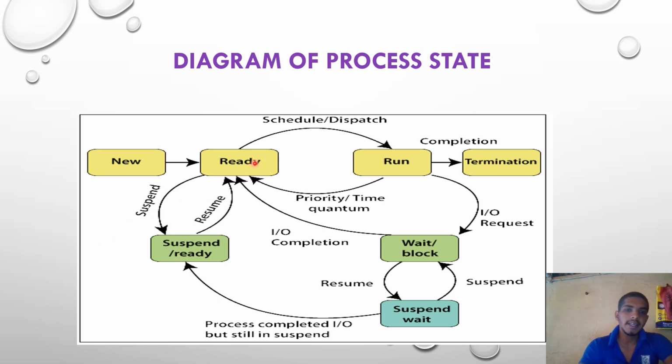Suppose in the ready queue multiple processes are present, but one high priority process comes. Then the operating system shifts some low priority processes from main memory into secondary memory, because due to lack of space we can't give the chance to execute the high priority process.